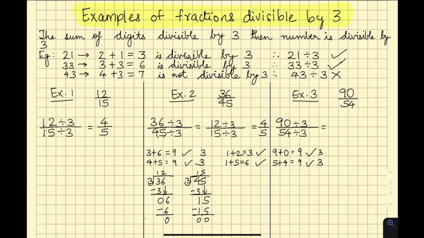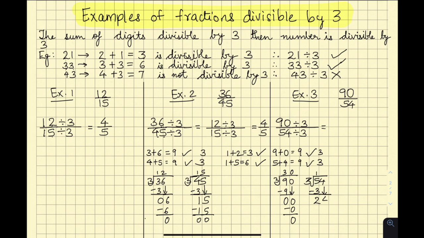I divide by 3. 90 when I divide by 3, 3 threes are 9. 9 minus 9 is 0. I bring this 0 down. 3 zeros is 0. Then I divide 54 also by 3. 3 ones are 3. 5 minus 3 gives 2.